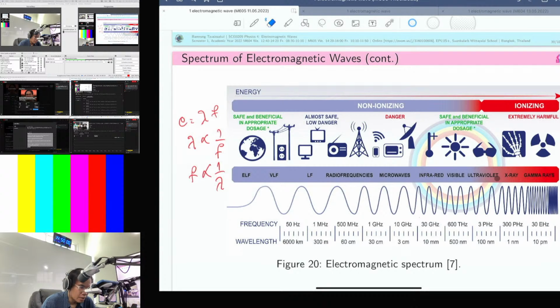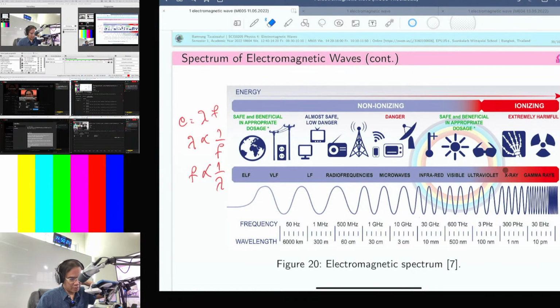And if we go further, it's the very high region, like 3 petahertz, 300 petahertz. Here's the region for the ultraviolet: 3 petahertz, and the wavelength is 100 nanometers.